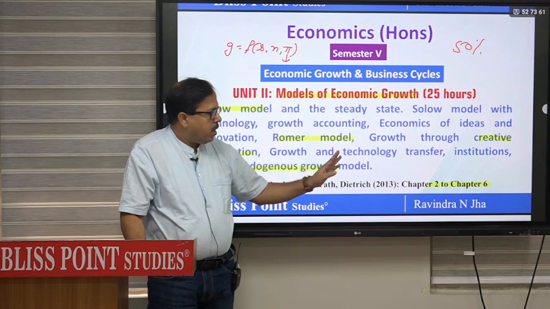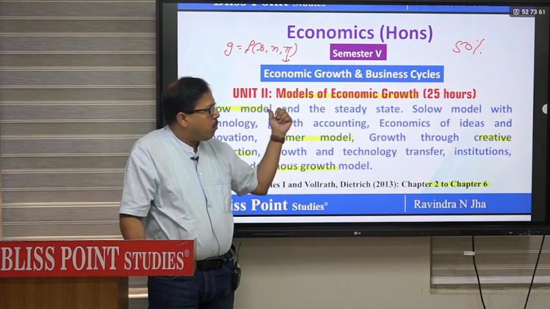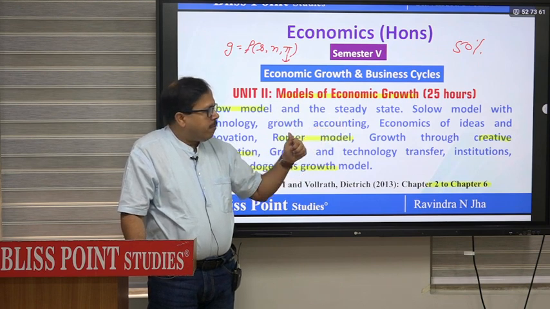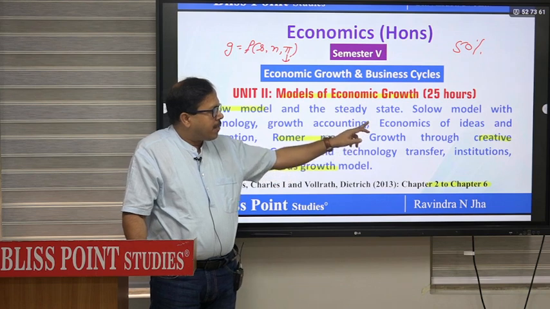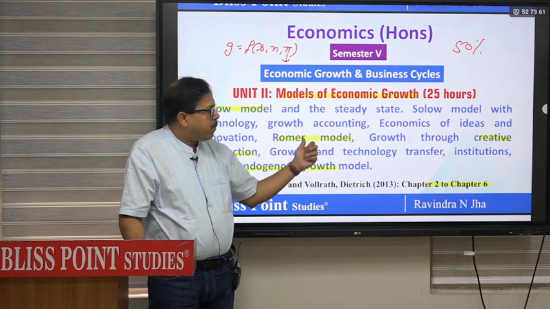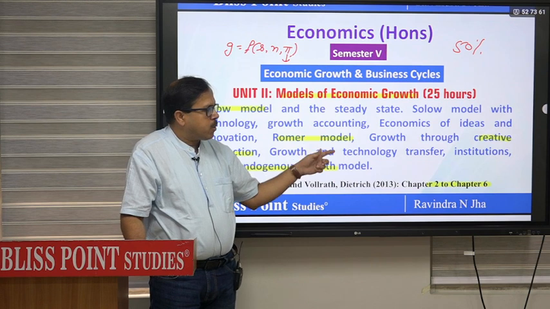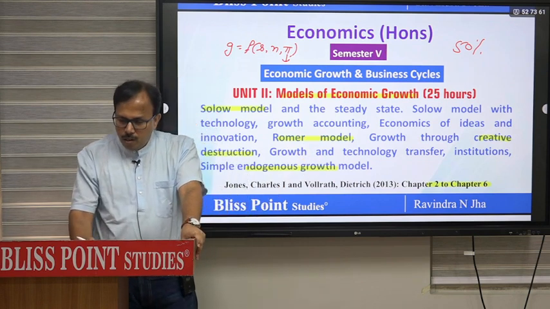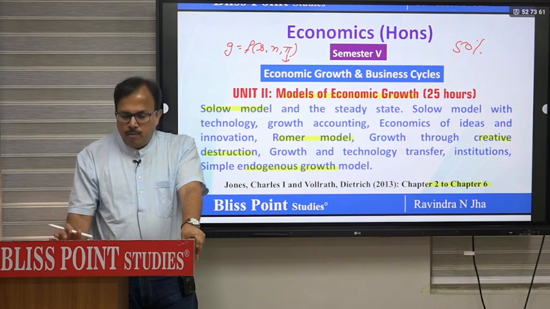Again I repeat, chapters 2 and 3 are for the Solow model and all its correlates, all the ideas there. Chapter 4 will be explaining the economics of ideas, chapter 5 will be explaining the Romer model, and chapter 6 will be explaining the Schumpeter creative destruction theory. An important unit, and most of the time will be consumed in unit number 2 itself.